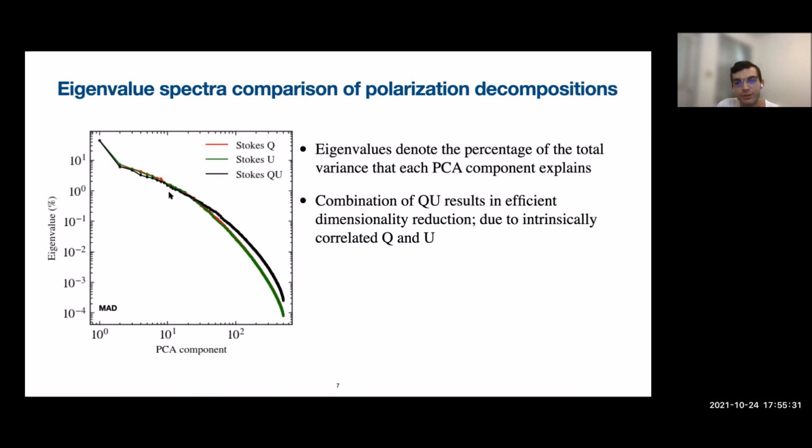And so this was evidence to conclude that combining Stokes Q and U in a single analysis resulted in the most efficient way of dimensionality reduction, because essentially this is explaining the variance of two properties in a single analysis. And this is due to the fact that both of them explain very similar information. Both of them are used to explain the linear polarization of a source.